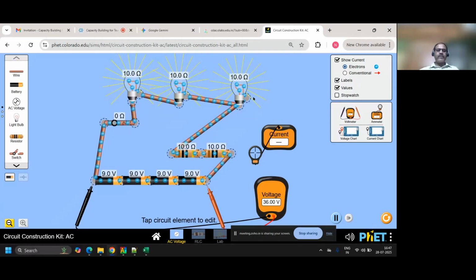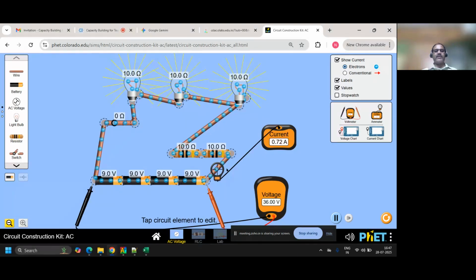So you can show batteries, switches, bulbs, resistors, proof of Ohm's law, everything you can show, and then you can ensure that people are getting the practical aspect. What is the advantage?